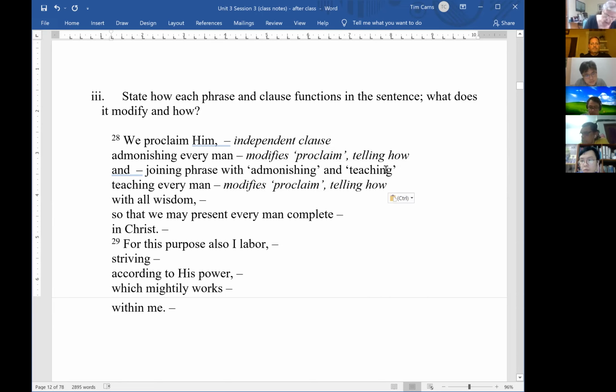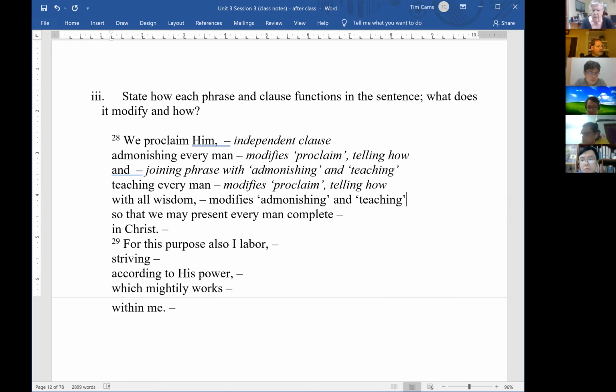All right. Okay. Good. Now, with all wisdom. With all wisdom is modifying admonishing and teaching, since it's connected. That is the nearest verbal idea. And because of the coordinating conjunction and, it's most likely modifying both of those, admonishing and teaching.